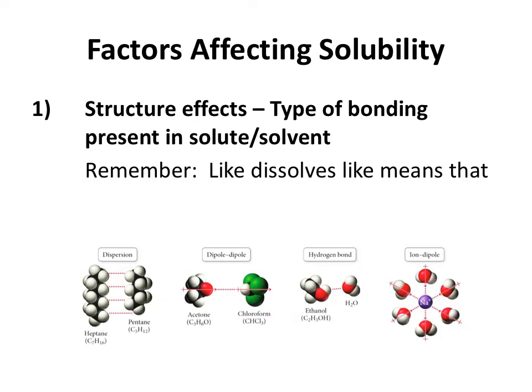The first one is structure effects, as in the structure of the molecule, or the type of bonding present in the solute and the solvent. So the phrase that we commonly use that the College Board doesn't really appreciate is "like dissolves like," which means that things with similar type of bonding are soluble in each other.